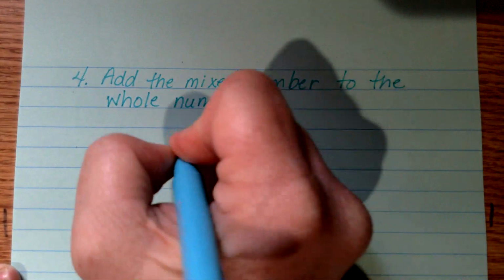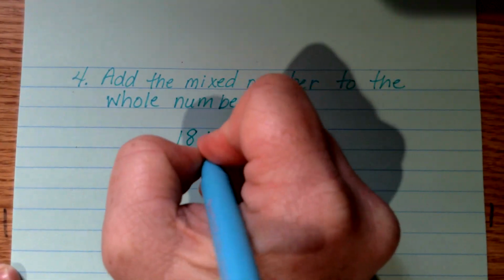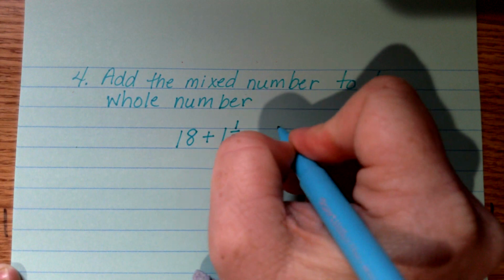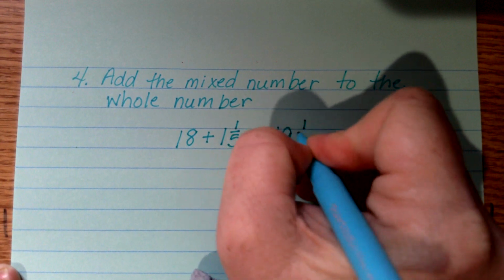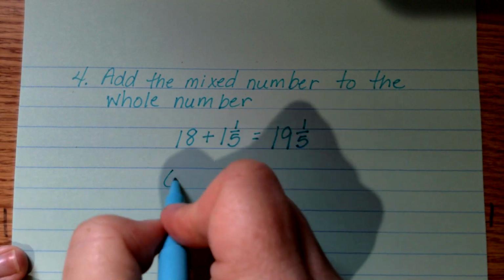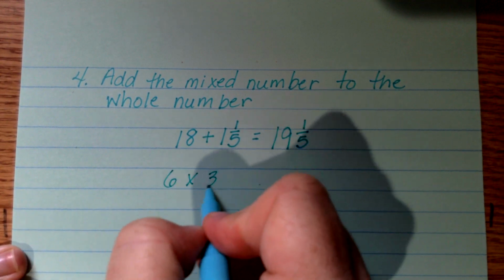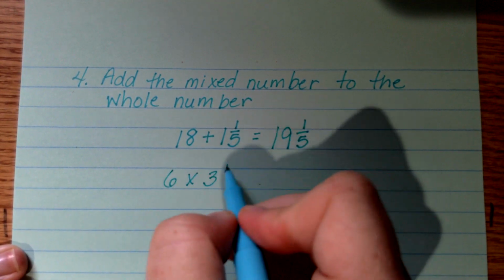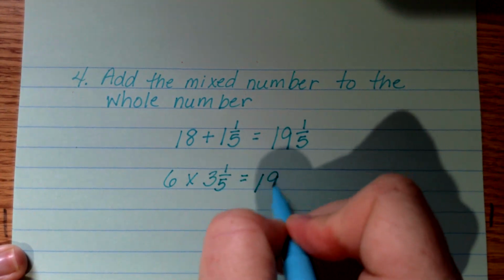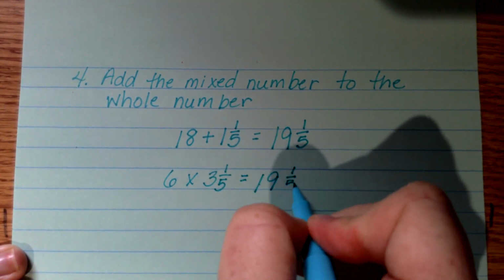This is where we now add 18 plus 1 and 1/5, which gives us 19 and 1/5. So when we multiply 6 times 3 and 1/5, our answer is 19 and 1/5.